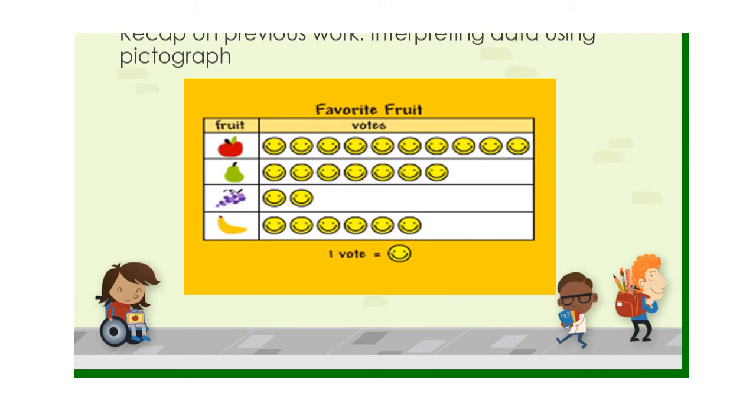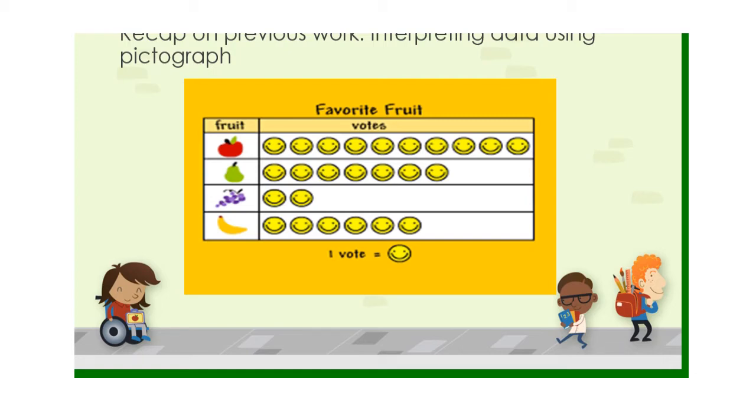Okay, so before we even begin today's session, who can remind me what we learned about the last time? Yes, that's correct. We learned about pictographs. What did we say about pictographs? Okay, yes, that's correct.